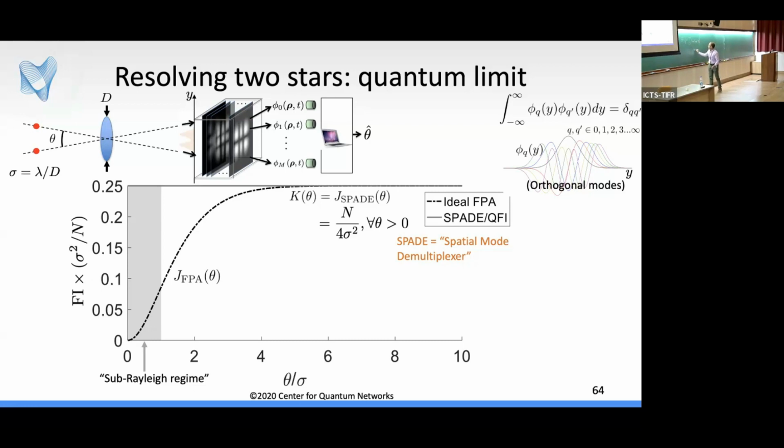If I take phi nm star of x comma y, phi kl of x comma y, dx dy, this thing is equal to delta nk delta ml for all n, m. A mode sorter is a device that will separate out each of the components of that basis.